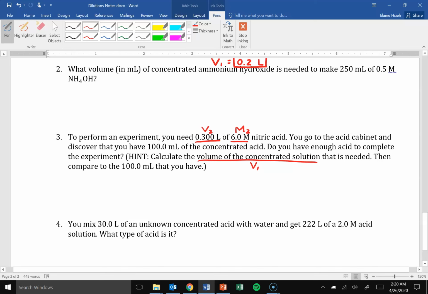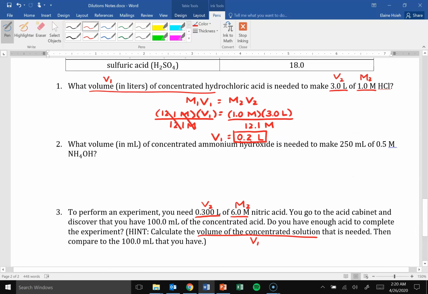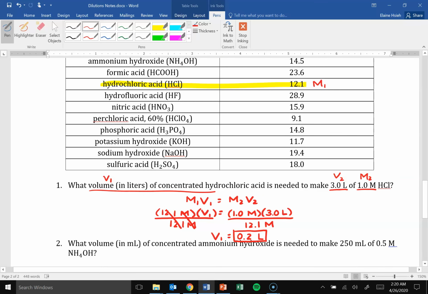Now since it tells us that we are looking at nitric acid, I'm going to go back to the chart to find nitric acid. And we see that nitric acid in its concentrated form has a molarity of 15.9 molar, and that is M1.